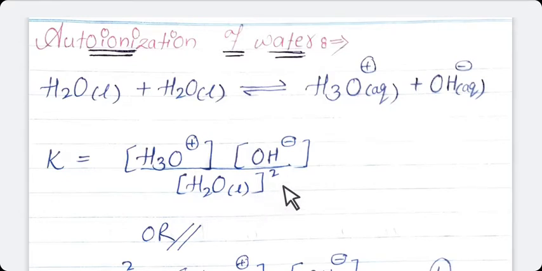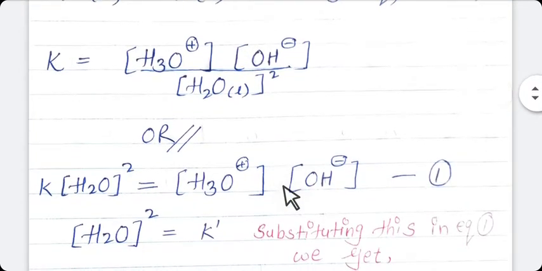or you can write this dissociation formula in this manner. As you have seen, concentration of H2O liquid square is in the denominator, and when it moves to the opposite side of the equal sign, it is in multiplication form.